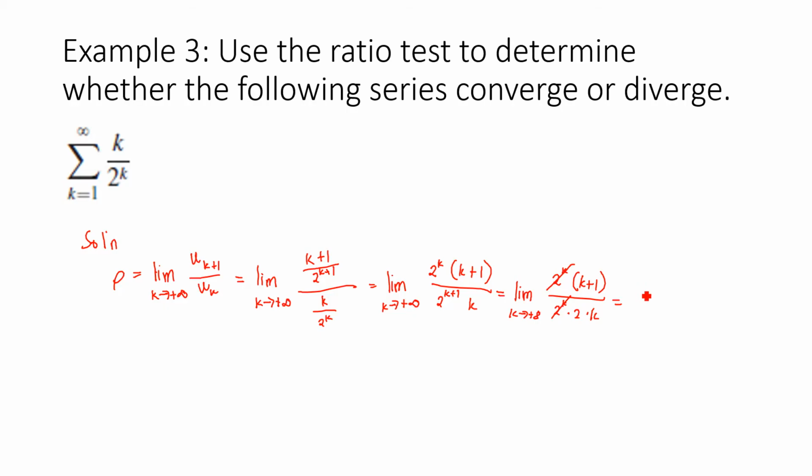Then you have the constant 1/2, so we can write the constant before the limit. So you have 1/2 of the limit of k plus 1 over k as k approaches positive infinity.